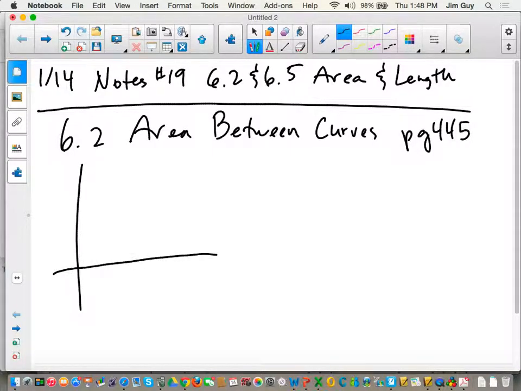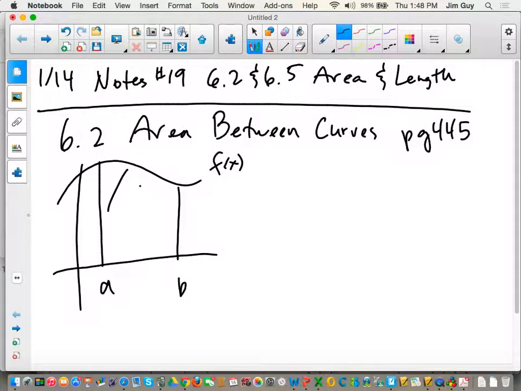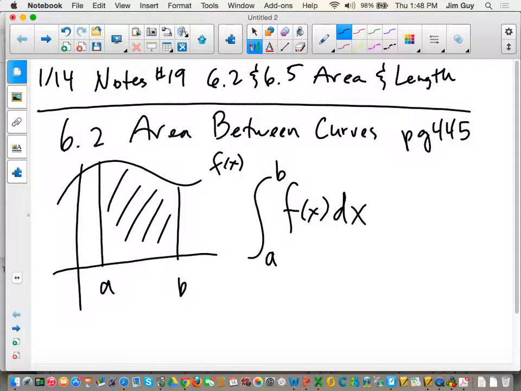So, first of all, just to recast, this is f of x. If we were finding this area under f of x, between f of x and the x-axis, and between a and b, we would use the definite integral. Okay, so we've been doing that.